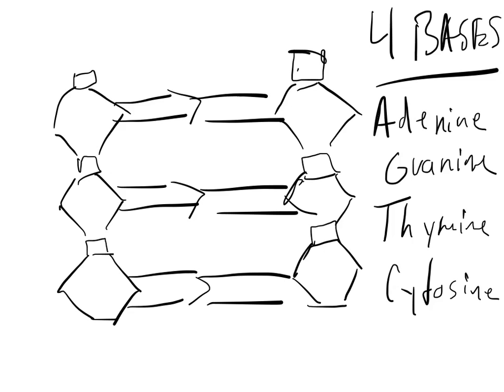So here are my four different bases. And what I'm going to do is just go back over there. Check this out. A, G, T, and C. So these four bases are what it's actually over here on my DNA molecule.